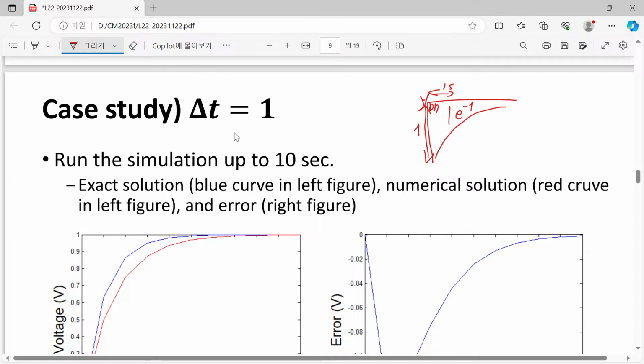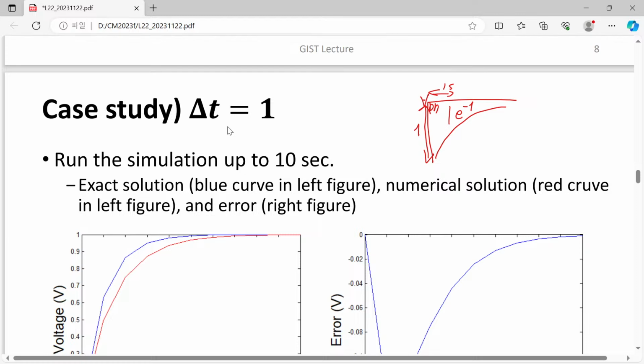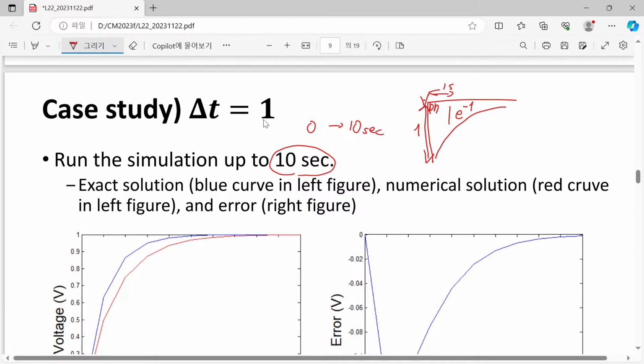If you use this quite large time step for your simulation, of course, your simulation will be done in quite a short time because you have only, for example, 10 points from 0 second to 10 second with delta t equal to 1 second. But the solution quality will be quite bad.